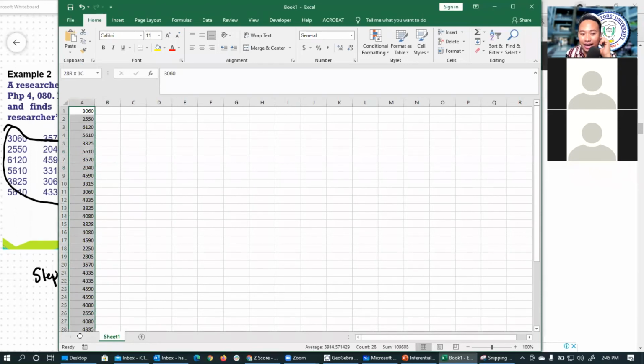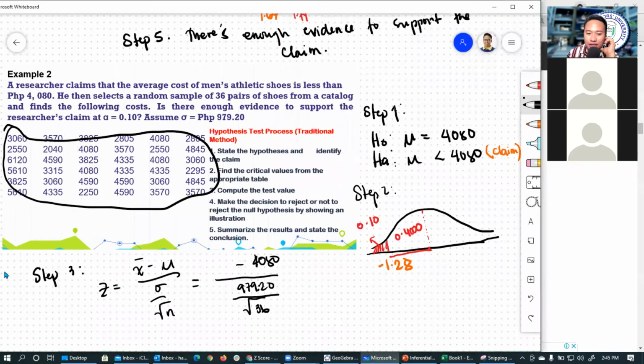I will just highlight it there. The average can be seen at the bottom part of your Excel. And that's 3823.83. There you go.